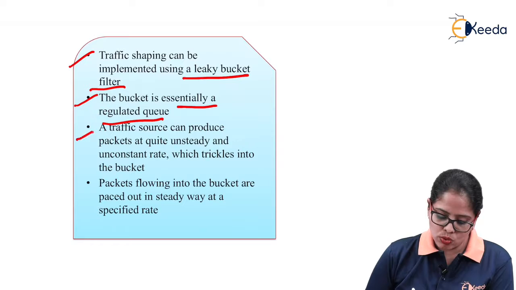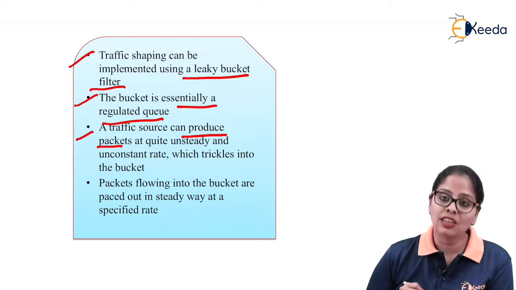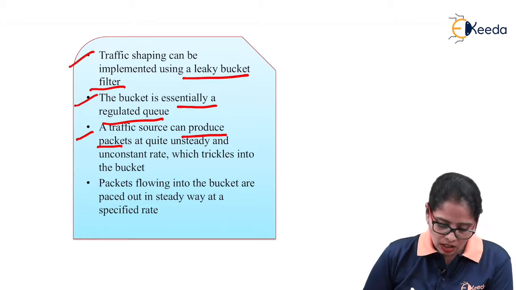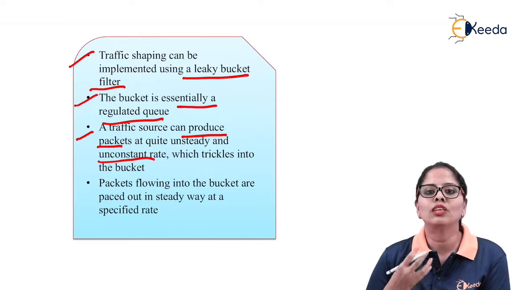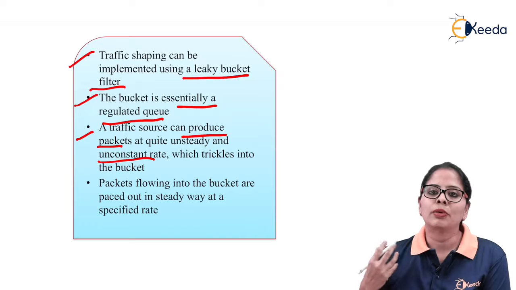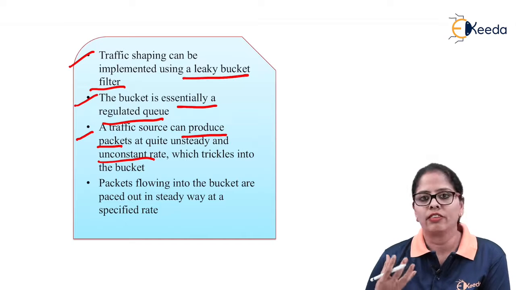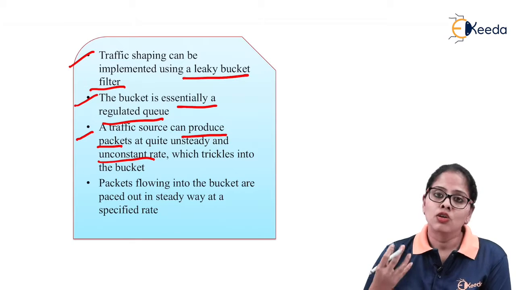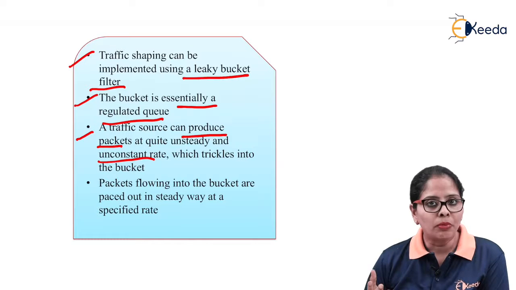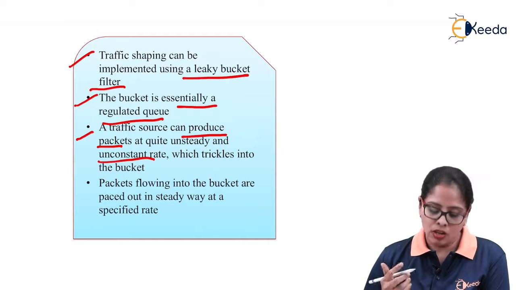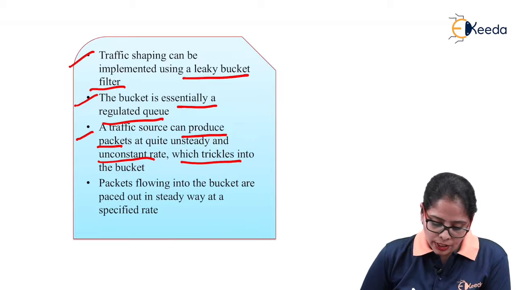A traffic source can produce packets at quite an unsteady and inconstant rate. So we can't control the packet arrival rate. Sometimes you may get bursty traffic, sometimes regular traffic. So here the incoming packets can arrive at an uneven rate, which trickle into the bucket.